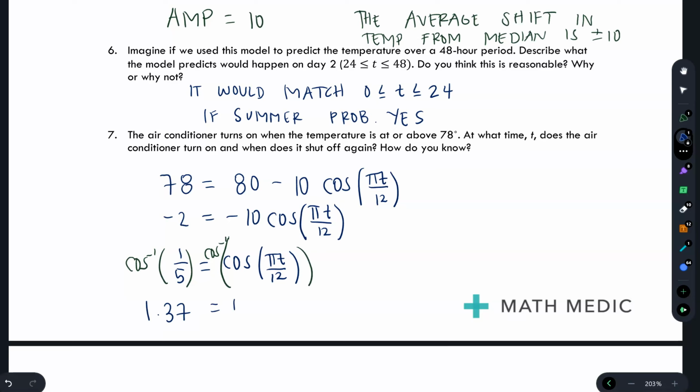And then this goes away, so I'm left with pi t over 12. Now you need to solve for t. So t is roughly 1.37 times 12 all over pi. So that's 5.12, or 5.2.